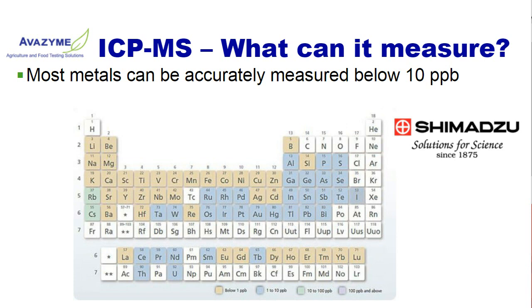But the beauty is that you can get all of this information in a single run of sample. We also typically measure multiple replicates of samples and report the average. Typically we report 3 replicates here, but that's customizable as well in the software.